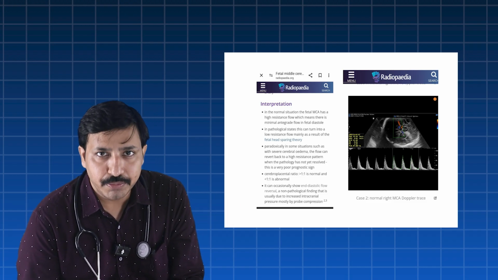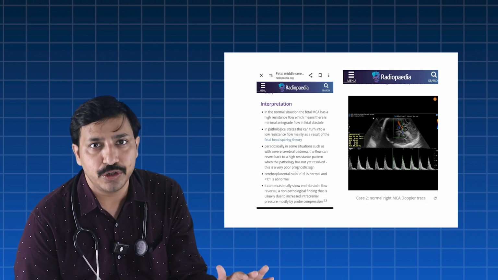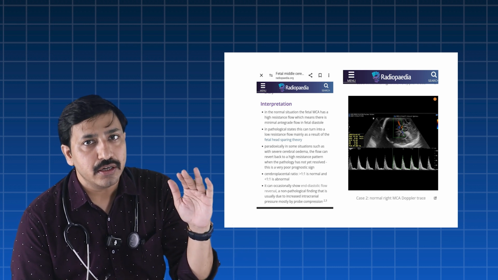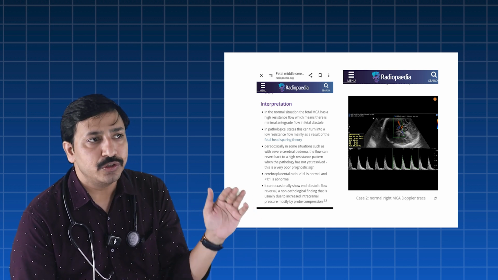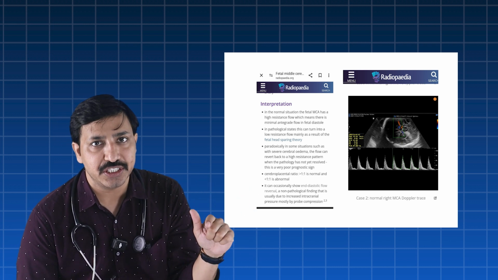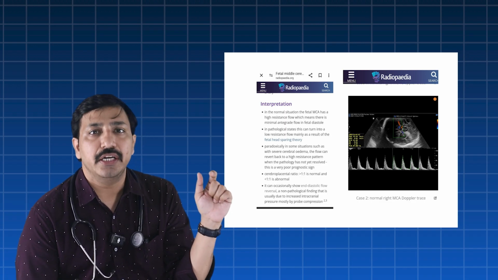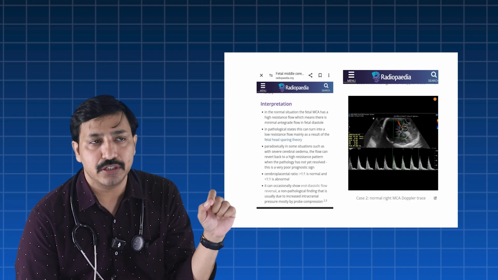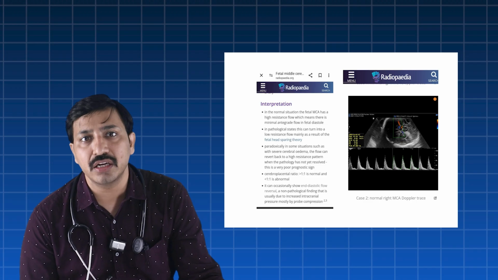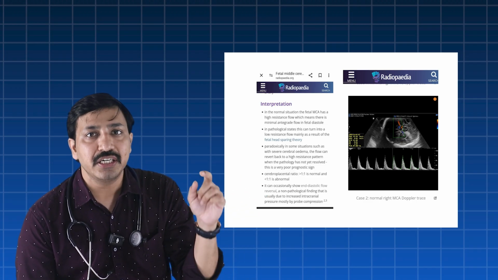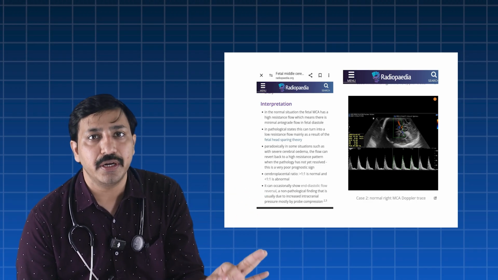When there is decreased blood flow, there is decreased diastolic blood pressure and decreased mean arterial blood pressure. So obviously during chronic hypoxia, there is decreased mean arterial blood pressure, and all the organs have decreased diastolic blood pressure.